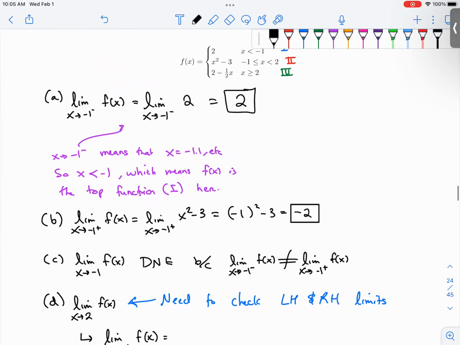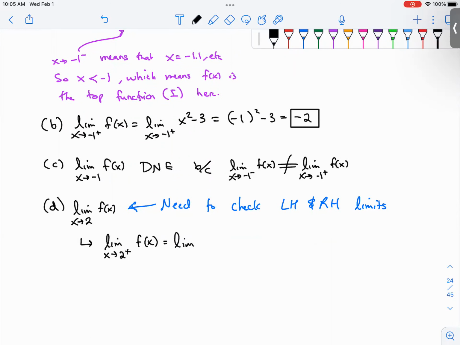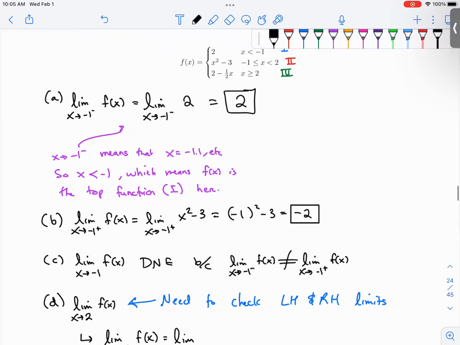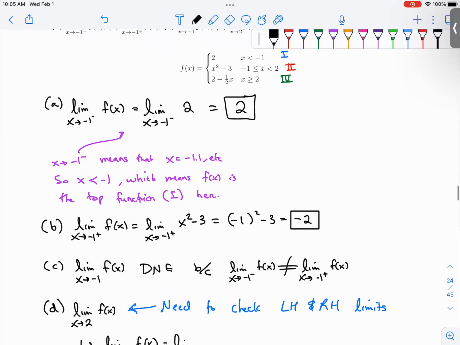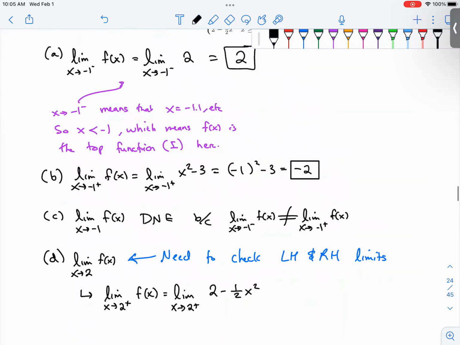If you're approaching from the right, which function are you going to be in? 1, 2, or 3? 3, because your numbers are going to be larger than 2. So on the right-hand side, the limit as x approaches 2 of f of x becomes the limit as x approaches 2 from the right of 2 minus 1/2 x. Excuse me, 1/2 x.